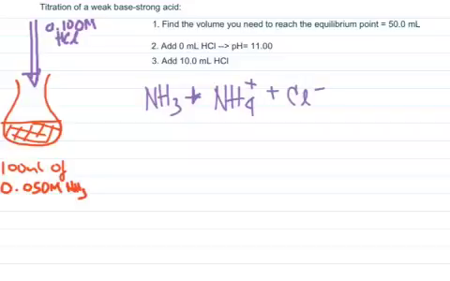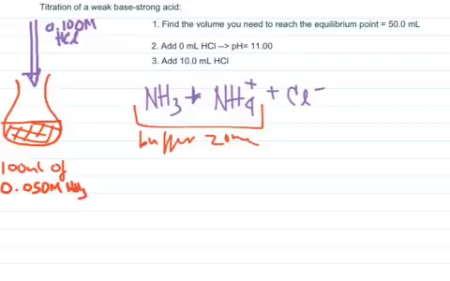Now if we look here, we notice something interesting. We have our weak acid and our weak base. So anytime we have what we call the buffer zone or buffer solutions, we can use the Henderson-Hasselbalch equation, which we are going to do for this part.